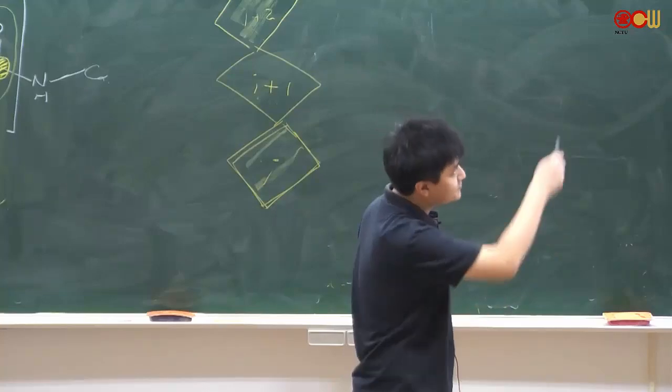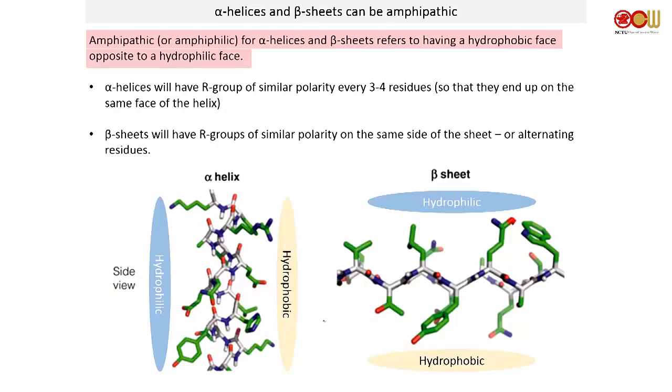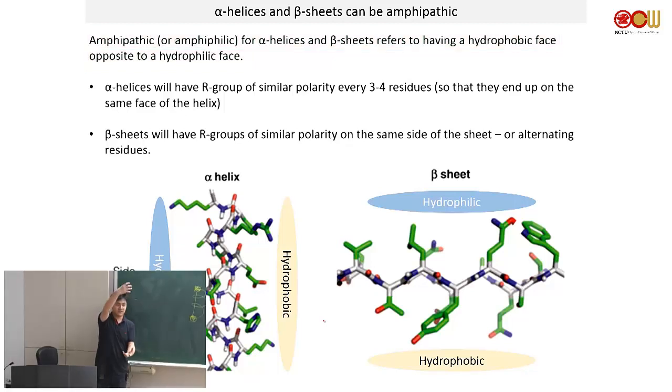All right, so amphipathic for alpha helices and beta sheets refers to having a hydrophobic face opposite to a hydrophilic face. So a helix is like a rod. Okay, it's like a cylinder, right? A cylinder has faces, like you can say this face, that face, and that face. Okay, so a cylinder has different faces to it, because it's a three-dimensional structure.